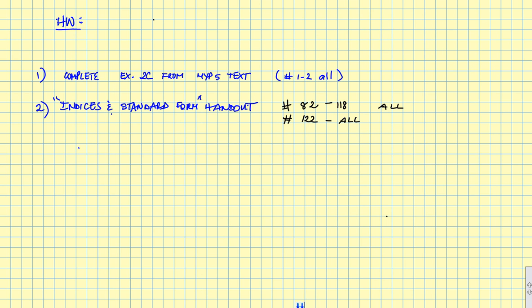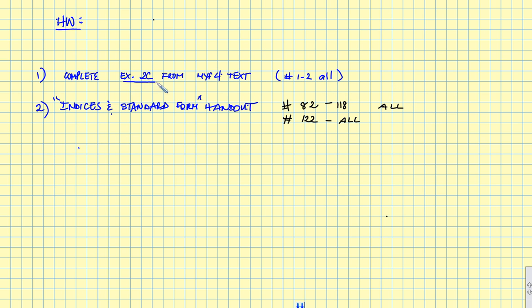All right, so for your homework, or classwork, you are expected to complete exercise 2C from the MYP4 textbook. So it's the MYP4 textbook, and you are to complete numbers 1 and 2, all of it, in exercise 2C.